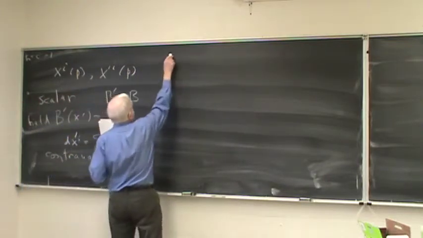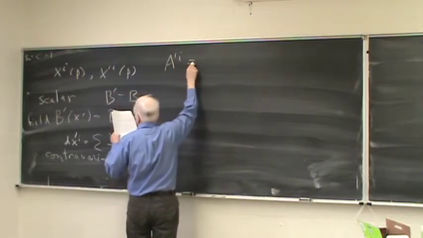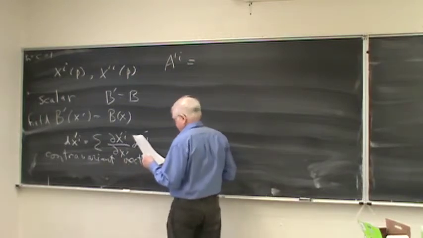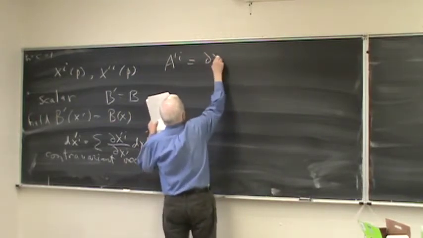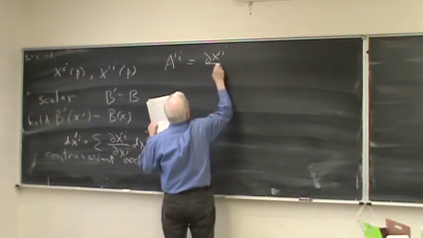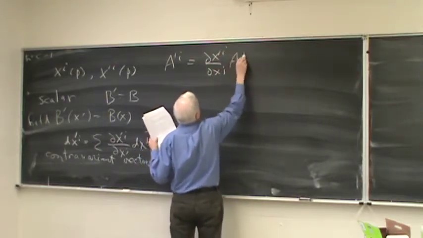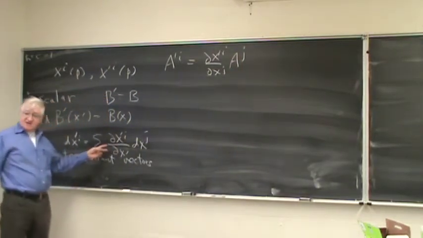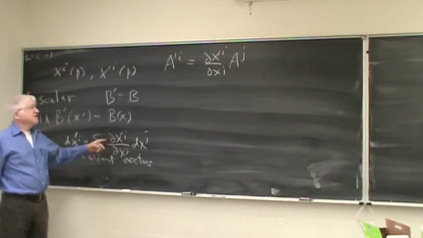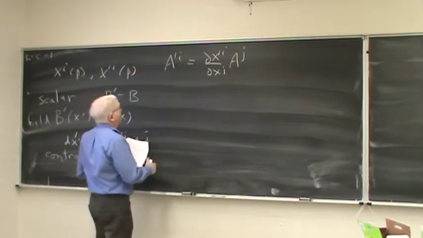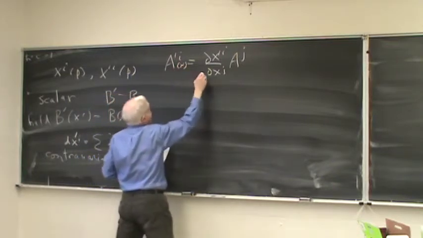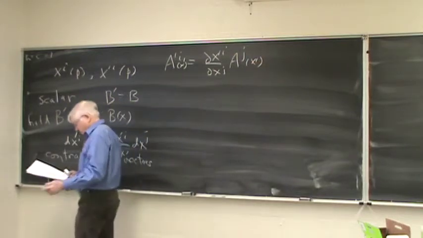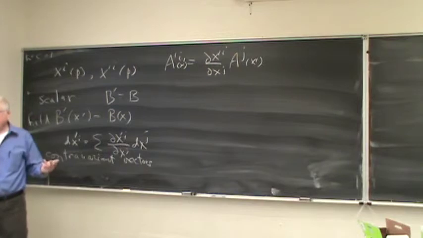Any vector that transforms this way, A prime i, is, let me use the summation convention, so we don't have to write all these crazy sums, partial x prime i over partial x j, A j. In other words, this imitates how the differentials transform. This is then called a contravariant vector, and if it depends upon space, time, or the coordinates, then it's called a contravariant vector field.